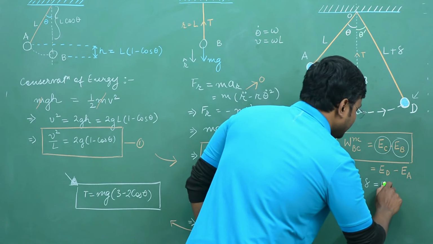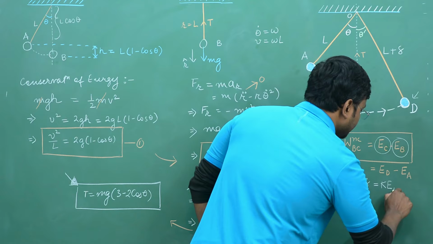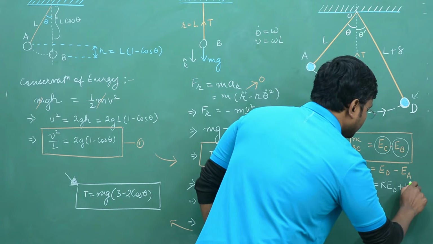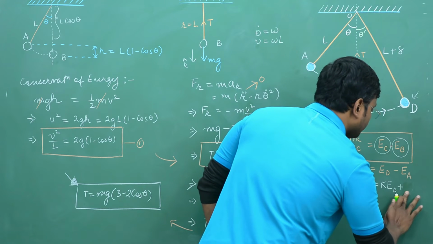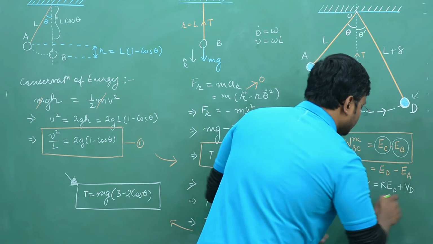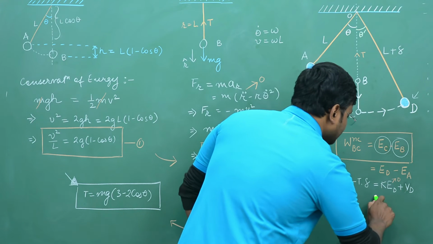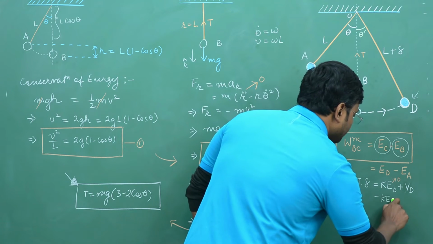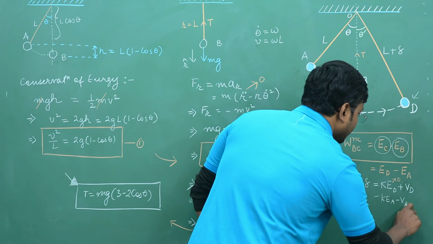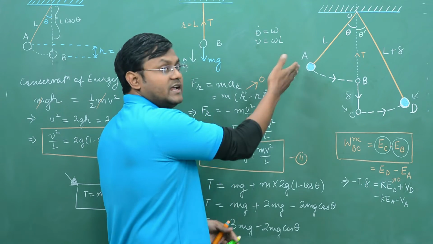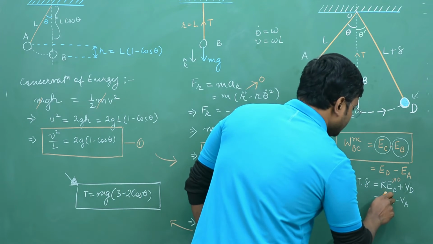So that is KED plus VD. KED is equal to 0. Similarly, minus KEA minus VA, where the object was initially at rest when it was at A, is equal to 0.